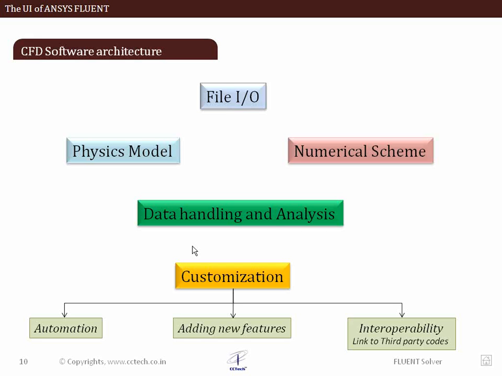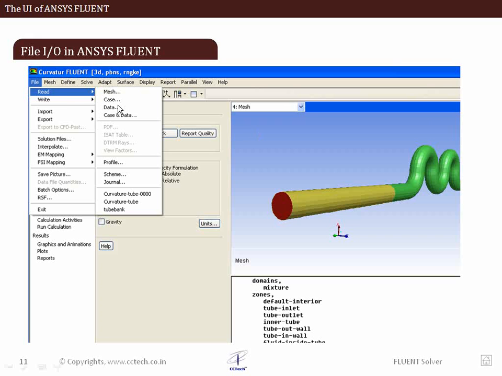Now let's look at the software architecture. We are already familiar with this chart, the purpose-driven options that you have in the components of the CFD software, and we are going to focus a bit more on the file input-output options available in ANSYS Fluent. When we go to file read, we can read in different kinds of meshes and the case and data.